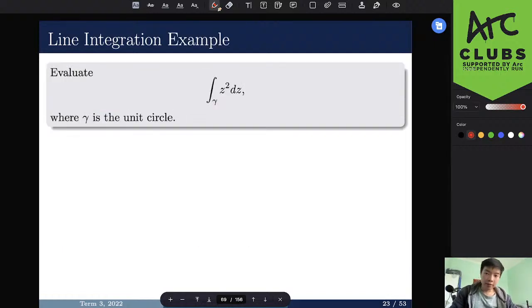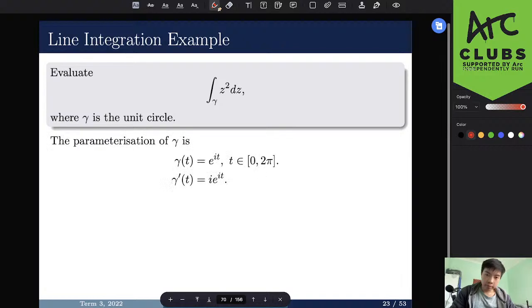Now, we have an example right here, which is just the integral of z squared dz, and the contour is going to be the unit circle. Oh yeah, one thing I forgot to mention is that whenever we're doing contour integration, you won't see a number down here and a number up here.